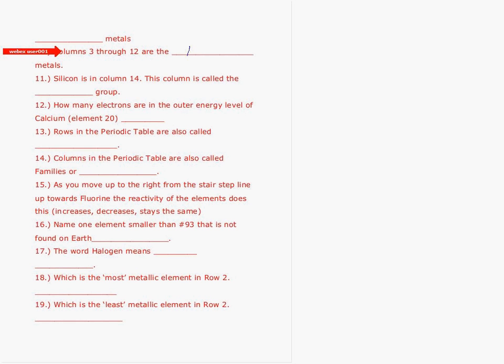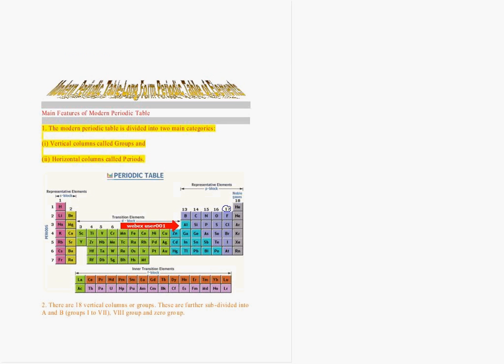Next, silicon is in column 14. This column is called dash. First, let us find out where silicon is. Here it is. And what do we call this group, this column?